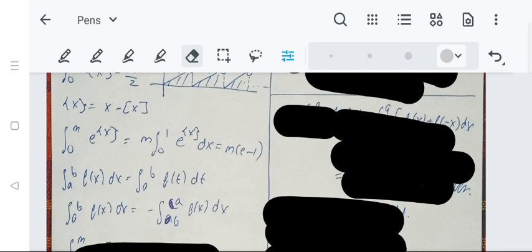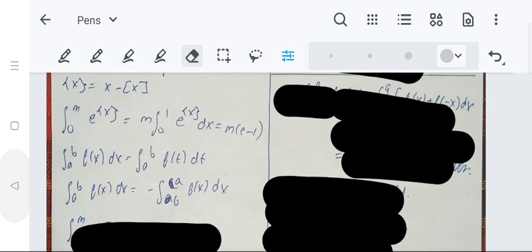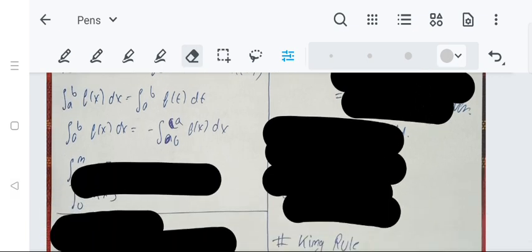But if you change the order of limits, that is, the upper limit becomes lower and the lower becomes upper, then the negative sign will come. That integration a to b f(x) dx is equal to minus integration of b to a f(x) dx.